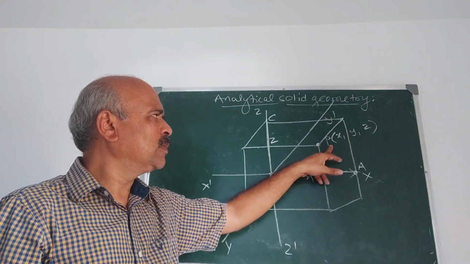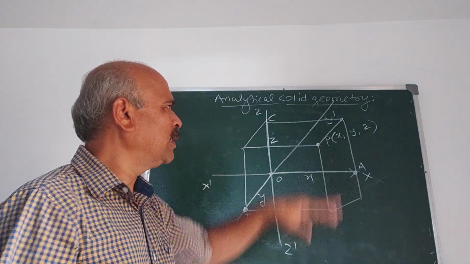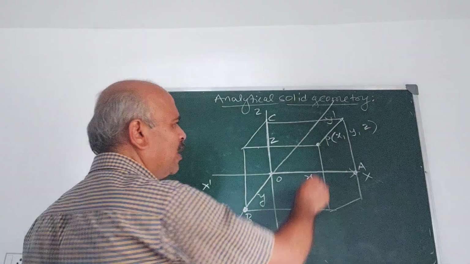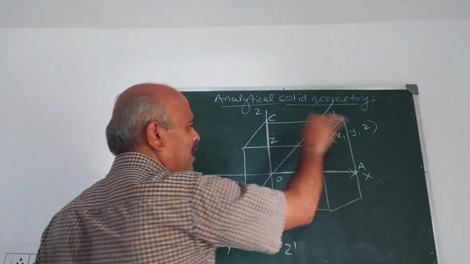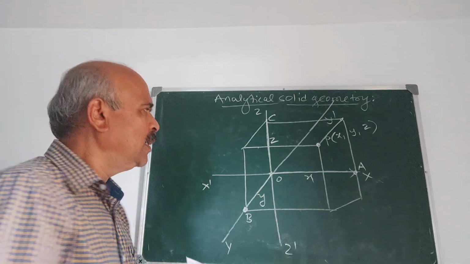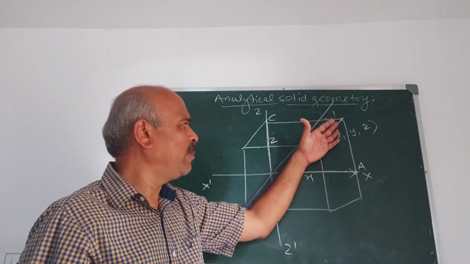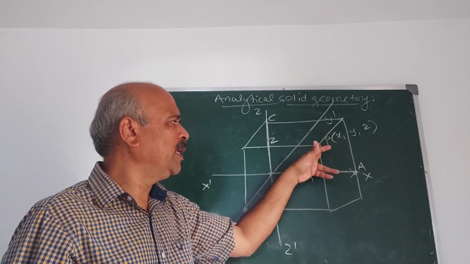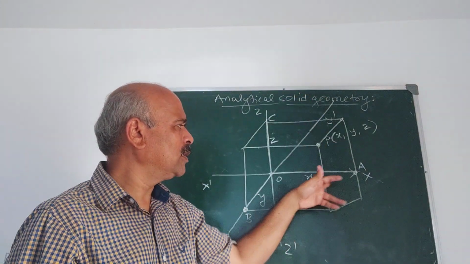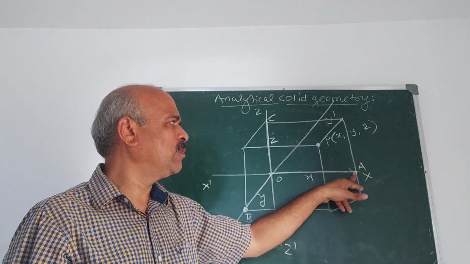Therefore, what are the coordinates of the point P? They are the perpendicular distances from the X, Y and Z axes. What are the perpendicular distances? You have to imagine this P. If we draw a perpendicular plane through P cutting OX perpendicularly, it meets the x-axis at this point.